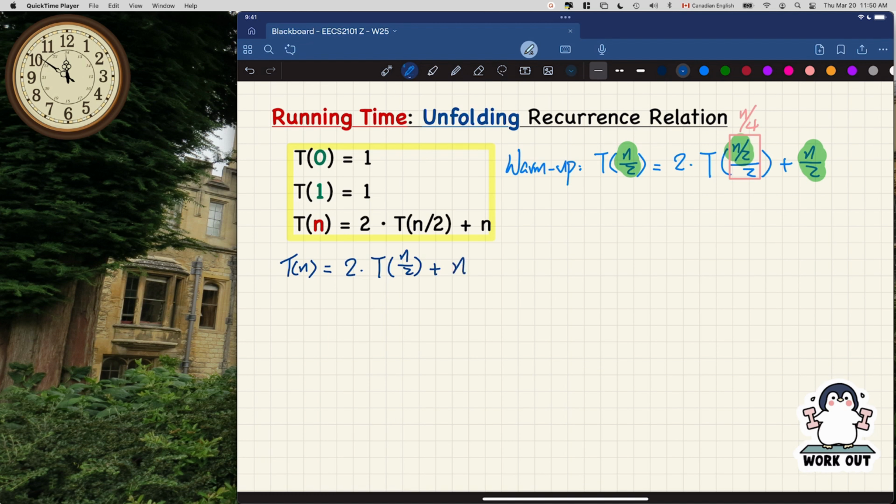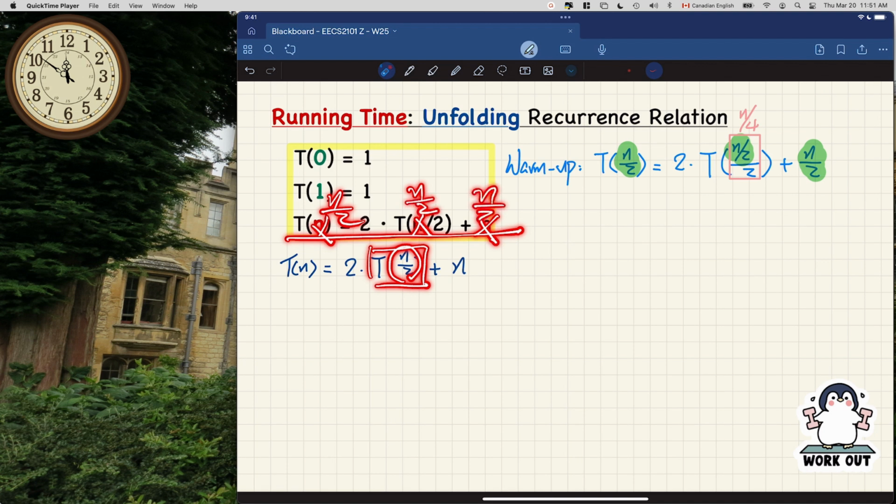And what we do is we try to unfold the first time. We're going to see what this is exactly by applying this definition, replacing every occurrence of n over here by n divided by 2, which we just did in the warm-up. All right, let's now write it out.